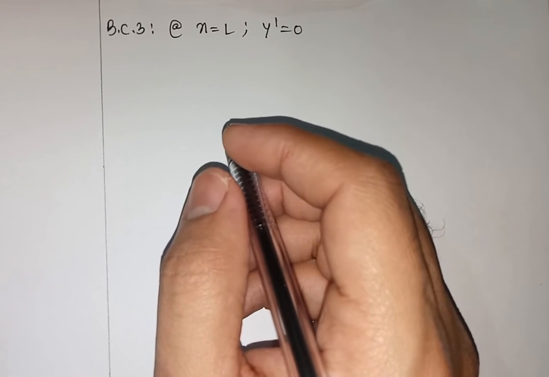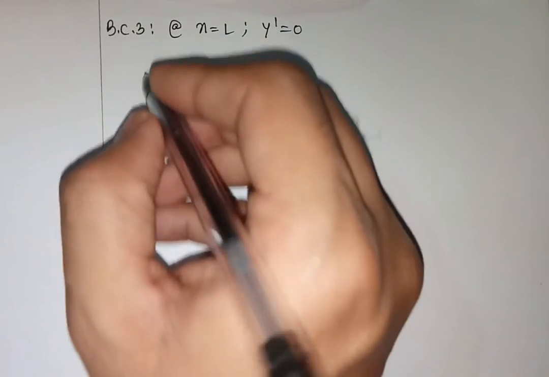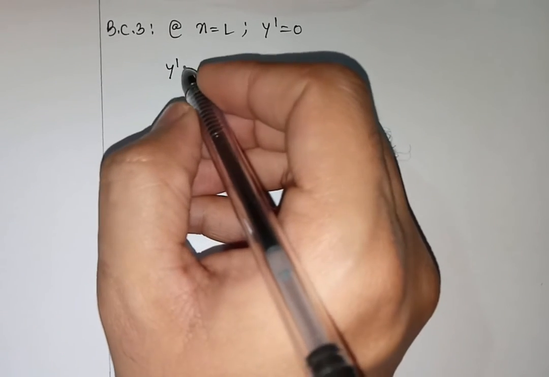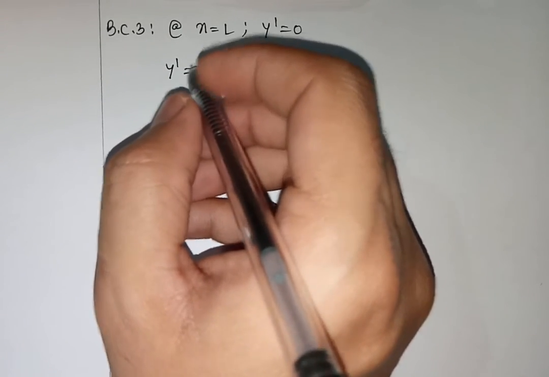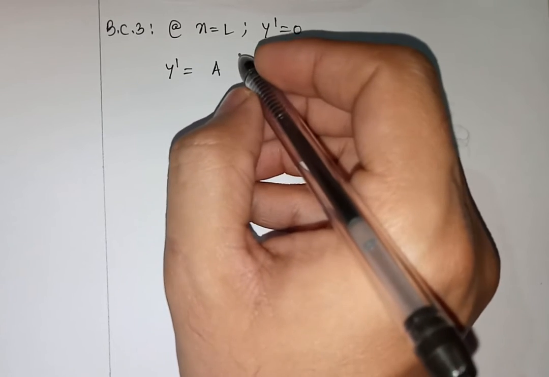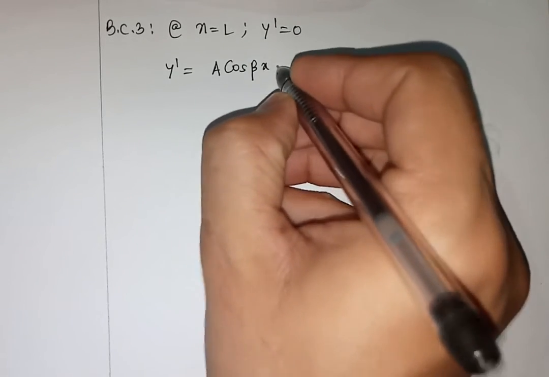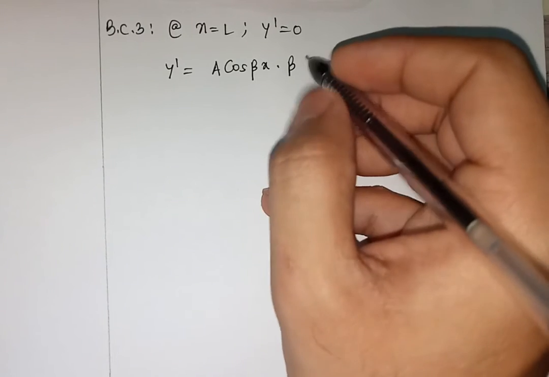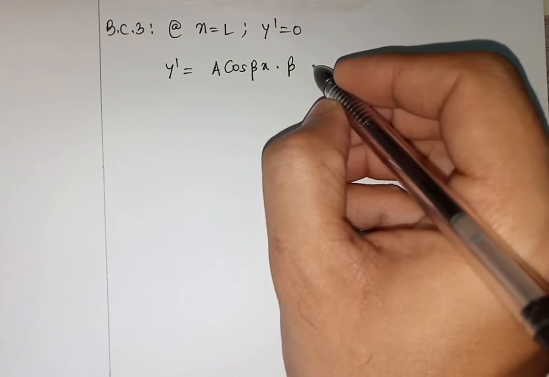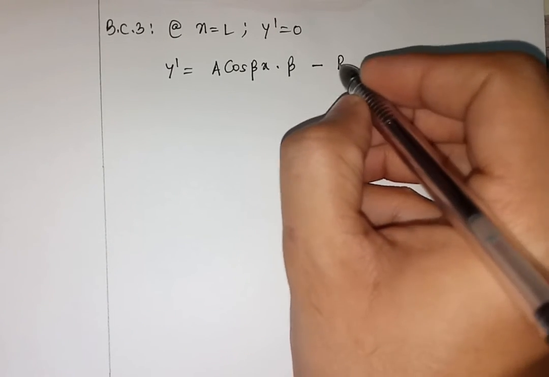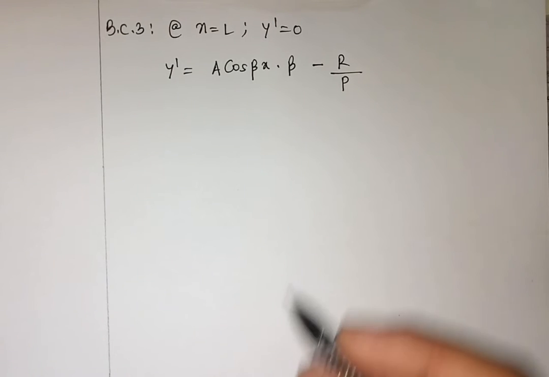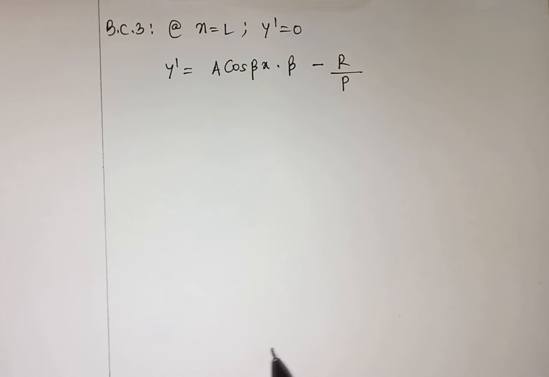I need to first find y dash. So y dash is equal to a cos beta x into beta minus r divided by p, because differentiation of x is 1.